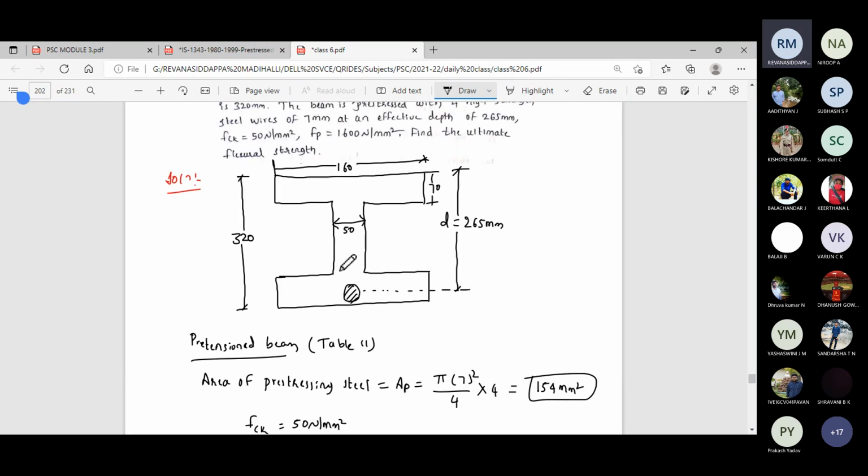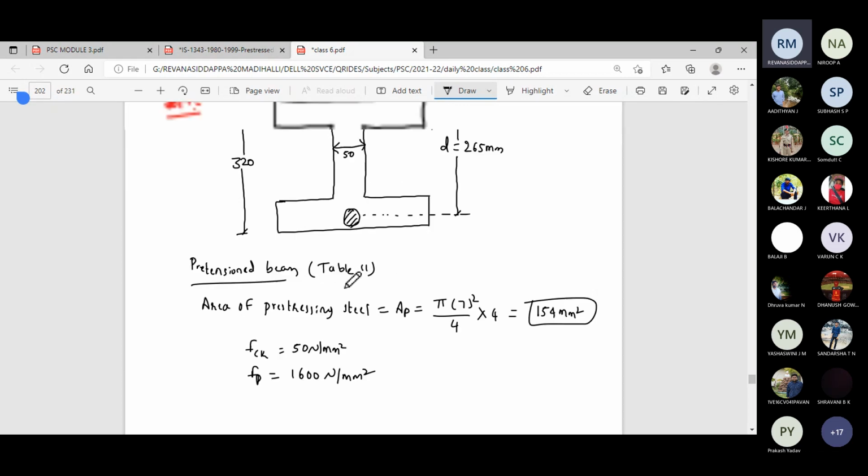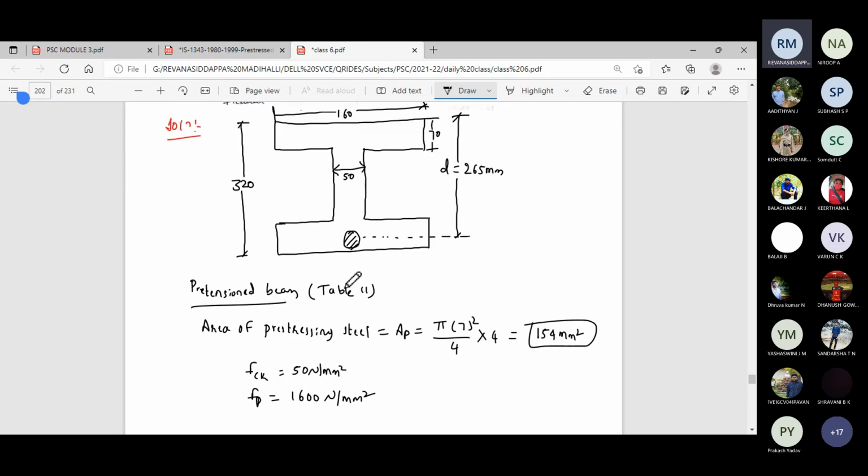Now, as this is a flanged section, I section, we don't know about the location of the depth of neutral axis, whether it is lying in the flange or in the web. So we have to make an assumption, any one of the assumptions, and check whether the assumption is correct or not. If the assumption is correct, then we solve for moment of resistance accordingly.